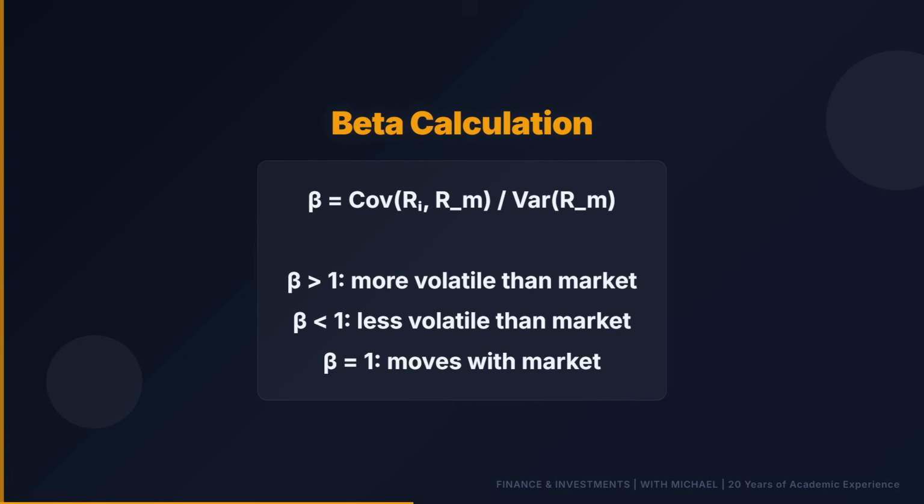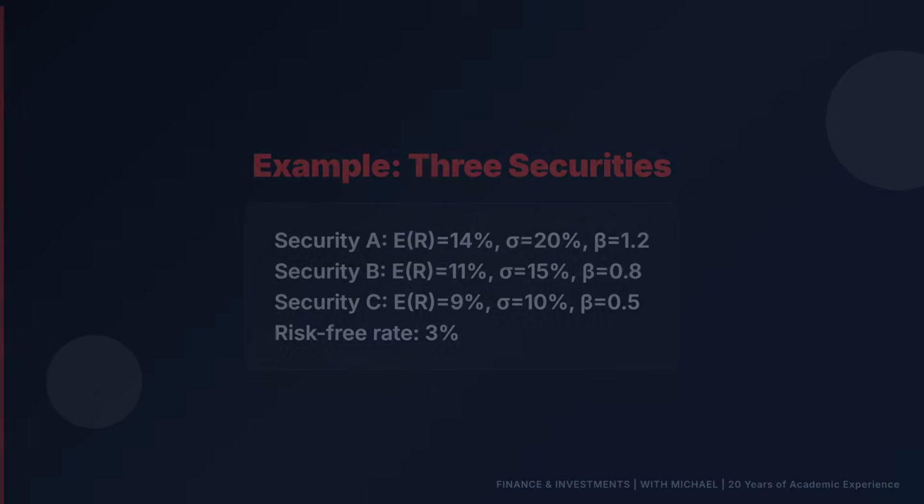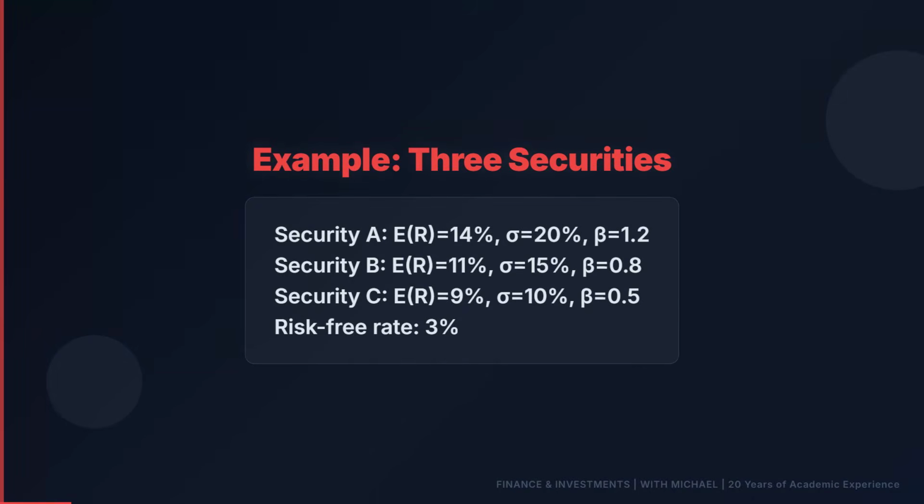The average of these squared deviations is 20.75. That is the variance. The standard deviation is the square root, which is about 4.55%. We repeat this process for B, C, and the market. Security B has a standard deviation of about 5.7%, security C about 1.41%, and the market about 2.83%.